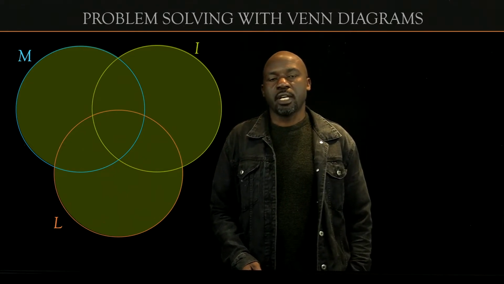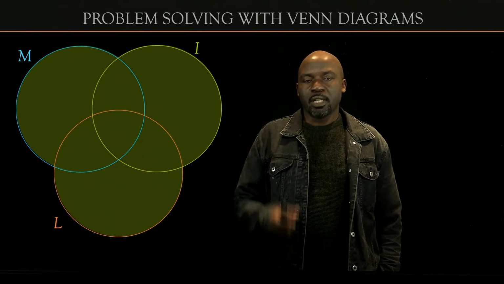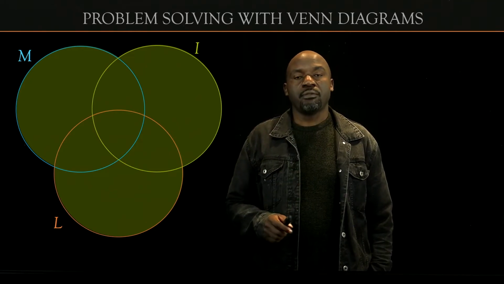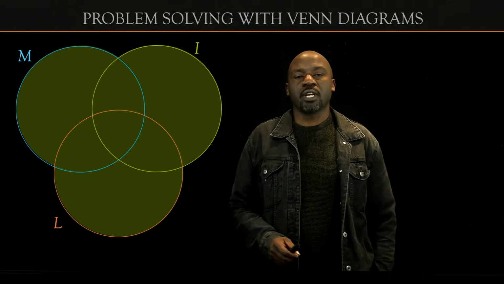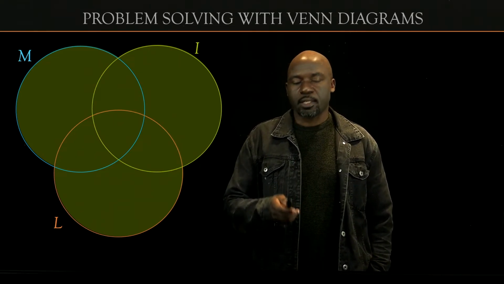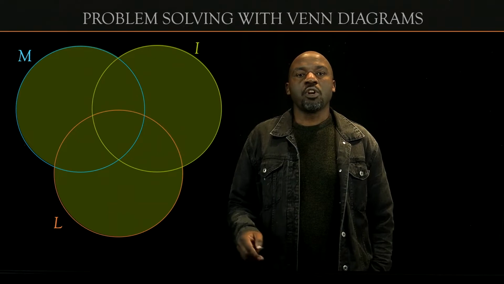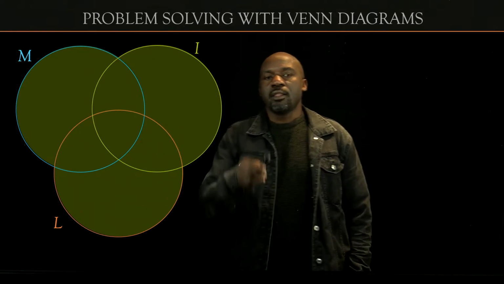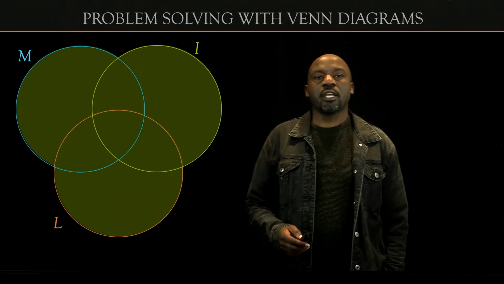We will leave out the rectangle because every member of the club owns at least a share, so they will all fall within these three circles. So we don't actually have to put the rectangle. The three circles altogether can represent the universal set.